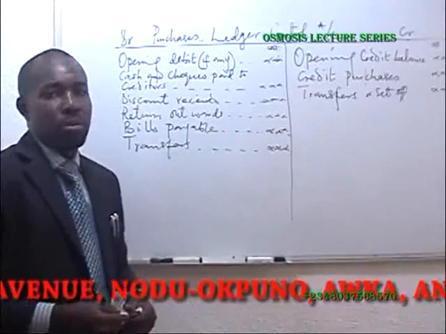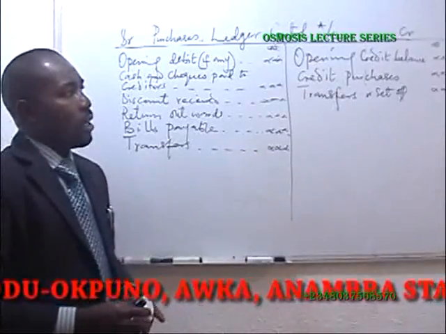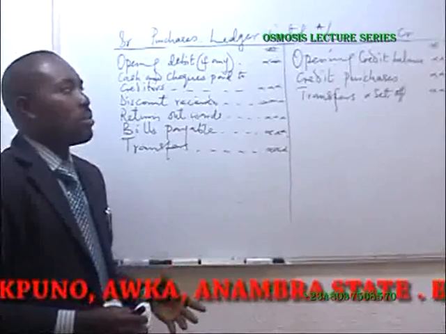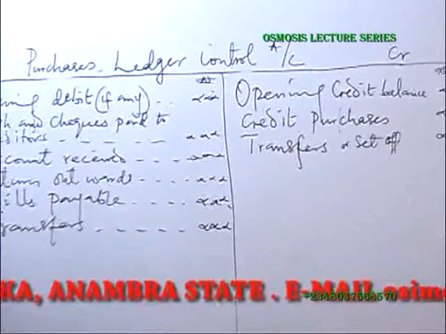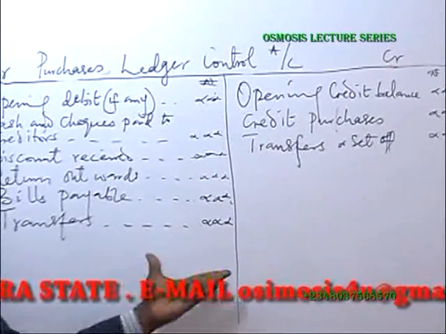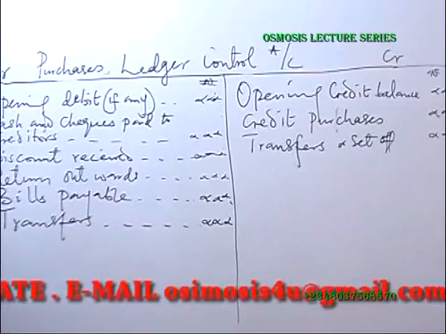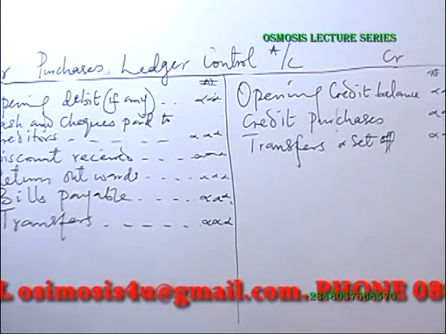So I want you to look very closely to the board and take them down so that as we begin to solve practical problems that affect both the sales ledger control account and the purchases ledger control account, you'll be able to follow effectively like I earlier said in this lecture.